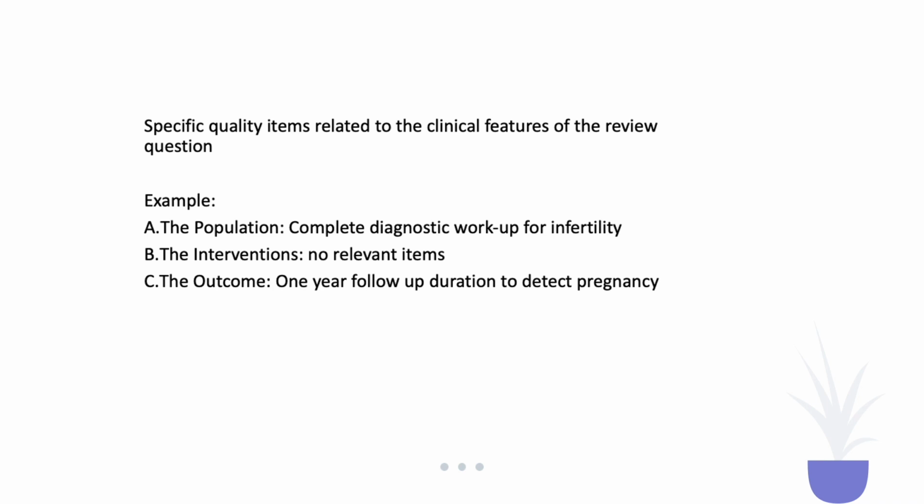An example of specific quality items related to the clinical features of a review question is the P, referring to complete diagnostic workup for infertility, I, intervention referring to no relevant items, and C, one year follow-up duration to detect pregnancy.